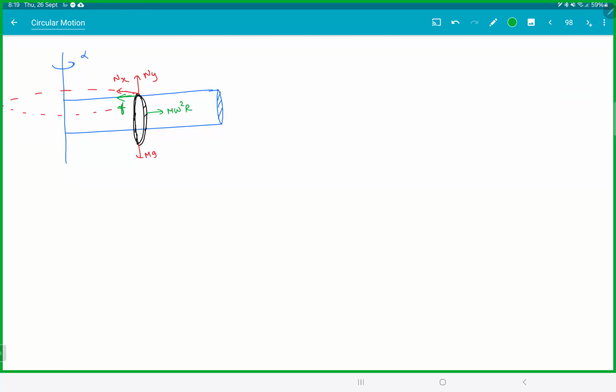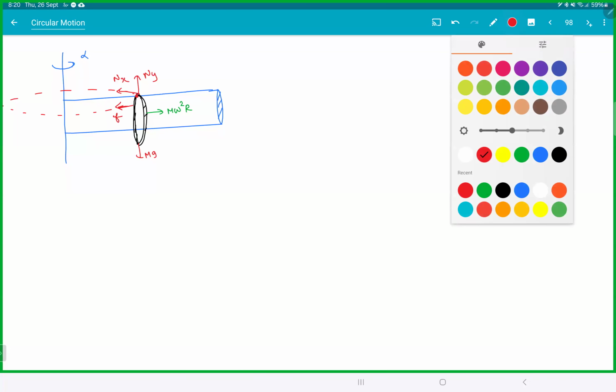There is a friction between the ring and the rod, which is actually trying to stop it from going. Friction is here, at the point of contact. That's it. These are all the forces.